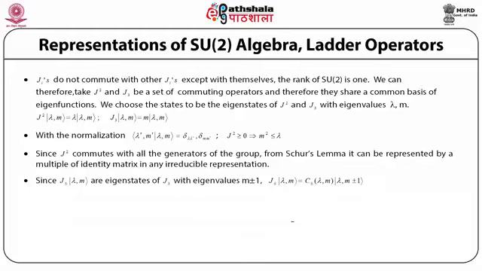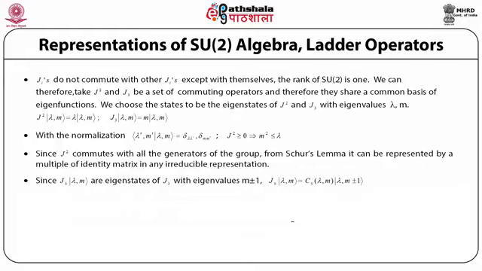Since J± acting on the state |lambda, m⟩ are eigenstates of J3 with eigenvalue m±1, we can write J± acting on |lambda, m⟩ as some number, which we represent as C±(lambda, m), times the state |lambda, m±1⟩.